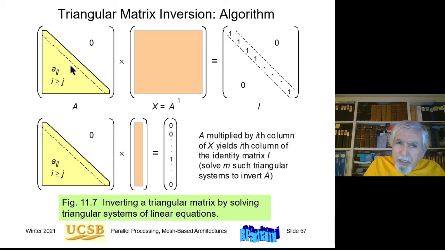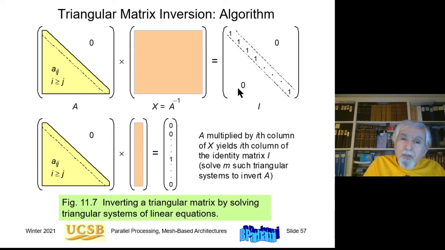This is basically a linear system of equations where this is the coefficient, these are the unknown, and this column is the right-hand side. The next column, this is the coefficient matrix, these are the unknown, this is the right-hand side.